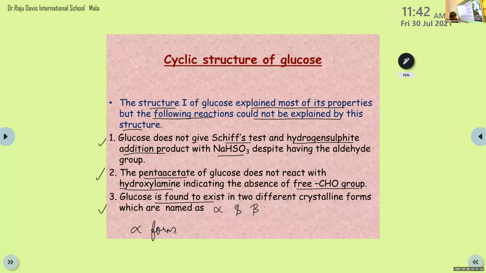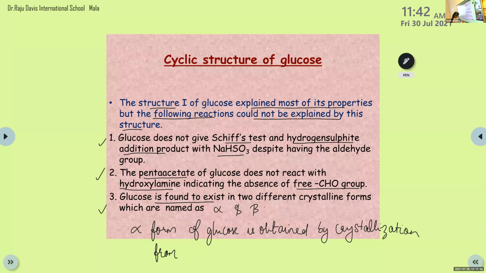Okay, so this alpha form of glucose is obtained by crystallization from a concentrated solution of glucose at 303 Kelvin, and the beta form at 371 Kelvin.